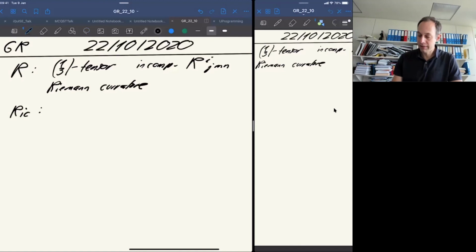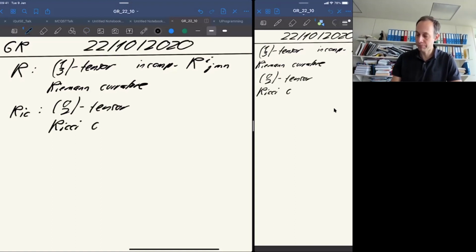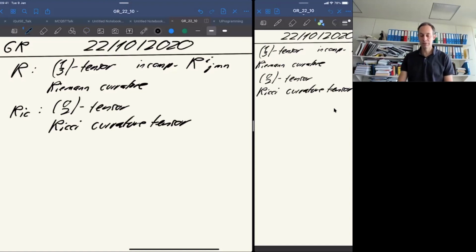That's a 0-2 tensor. So let me write here the name, Ricci curvature tensor. It's again a tensor field, of course, so it's defined everywhere, but if I look at it at a particular point, it's of course a tensor.